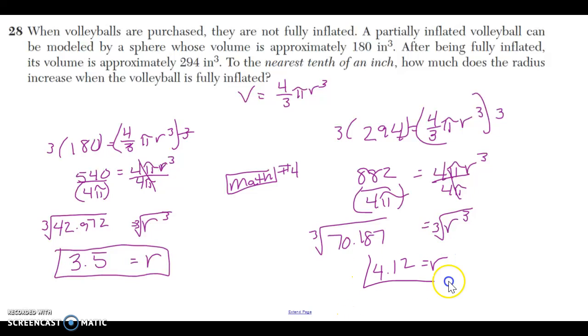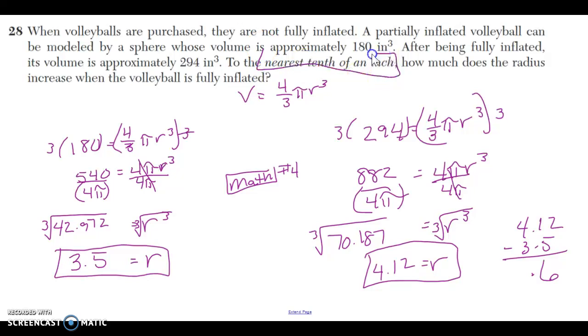And so the question is asking for the difference in the radiuses. So you're doing 4.12 minus 3.5, and you get approximately 0.6, and it says to the nearest tenth of an inch, so 0.6 inches.